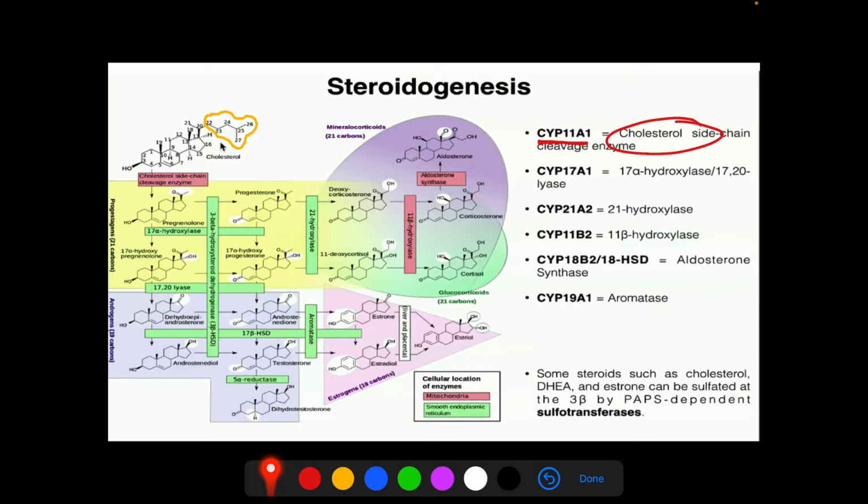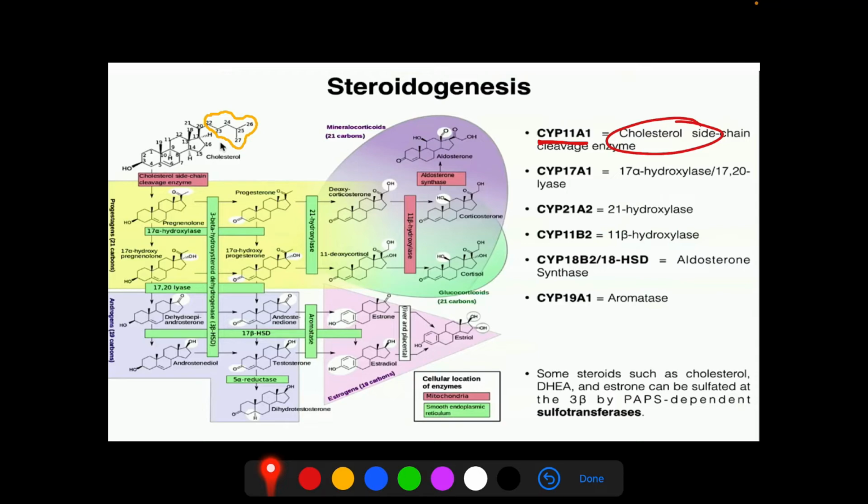And then the 17-alpha hydroxypregnenolone is going to be oxidized into 17-alpha hydroxyprogesterone. Both again oxidized at what position? At the 3rd position. That's why 3-beta hydroxysteroid dehydrogenase. I hope you get that one.